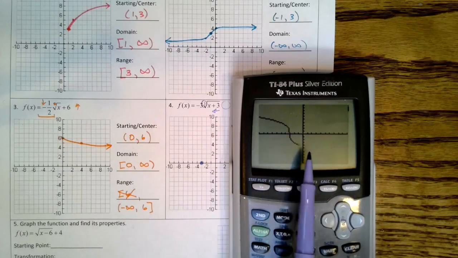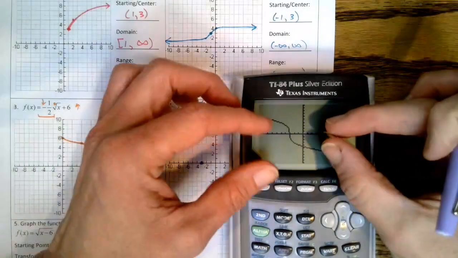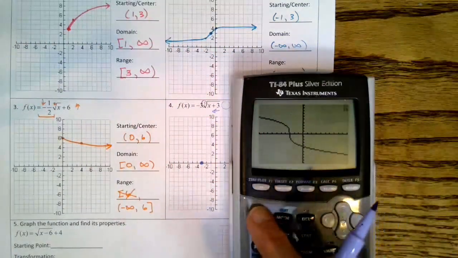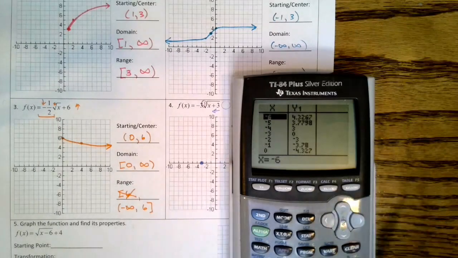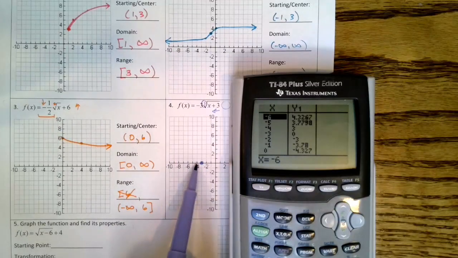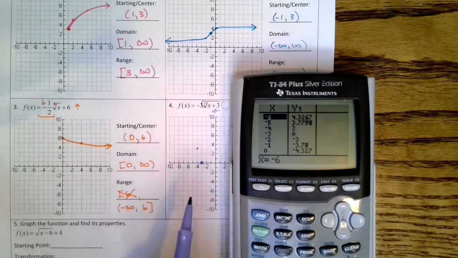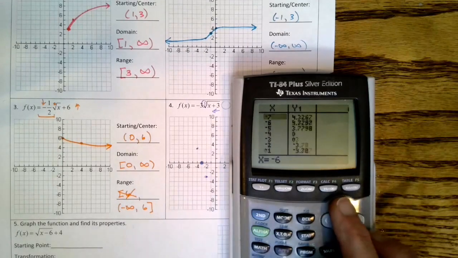Here it is up high, going through our center point and coming down low. Notice that negative 3 stretches it out. It's a lot further away from the axis. We can go ahead and get our points by looking at over negative 4 and up 3 is going to be a point, and over negative 2 down 3 is going to be a point.